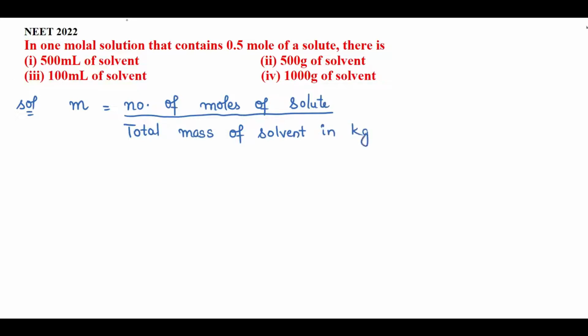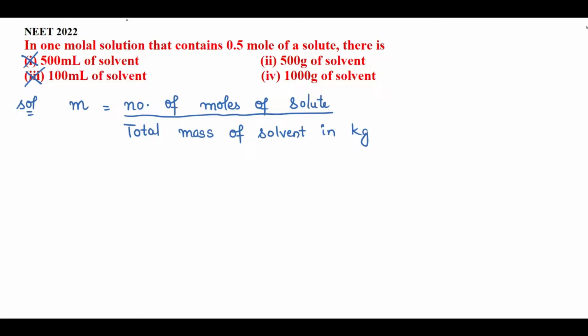Now if you see the formula, there is total mass of solvent, but if we see the options here, solvent is in volume, so I can ignore this option, and here also solvent is in volume, so the third option is also ignored, right? Now our answer will be from option second or fourth, right?